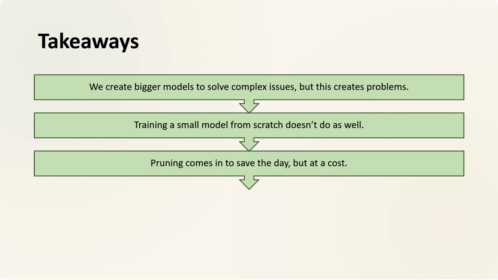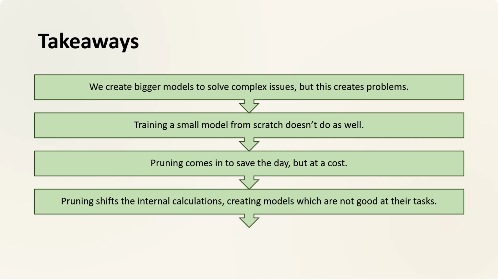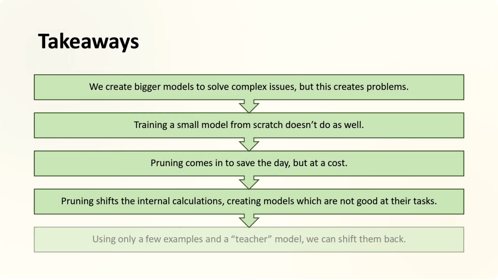That's where pruning comes in, but pruning also has problems on its own. More specifically, aggressively pruning shifts the internal computations, and that's where our solution comes in. In order to recover the model, the only thing we need to do is to shift back the internal computations, and that can be done using the dense model as a teacher and a small number of examples.